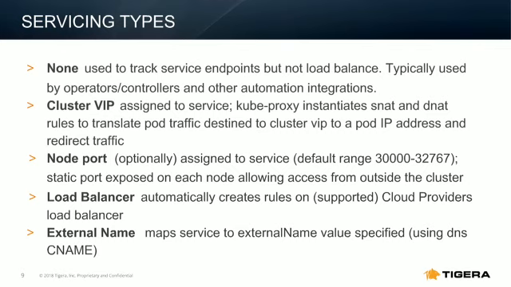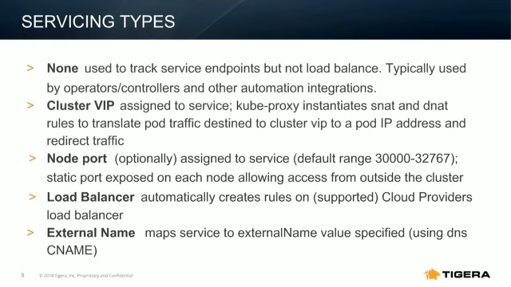The first one's a null service type, none. So let's say you've written your own Kubernetes controller. A Kubernetes controller is a piece of code, usually runs as a pod or a deployment itself, that watches the Kubernetes API for specific objects and then does something on those. So let's say you don't like any of the service types that Kubernetes provides for you.